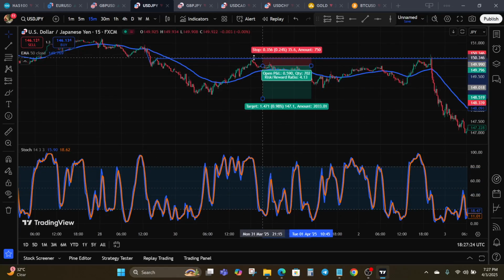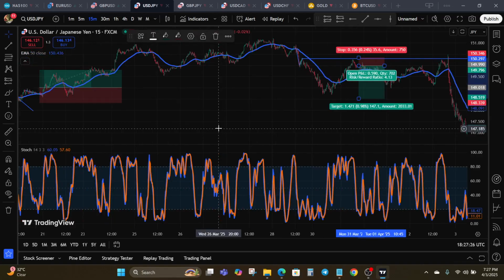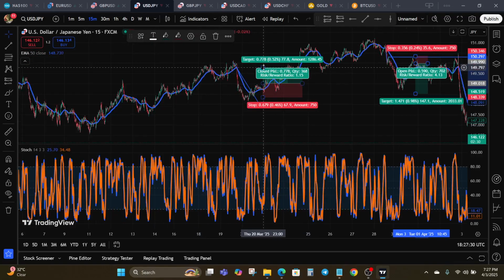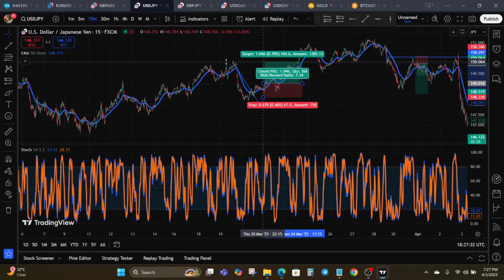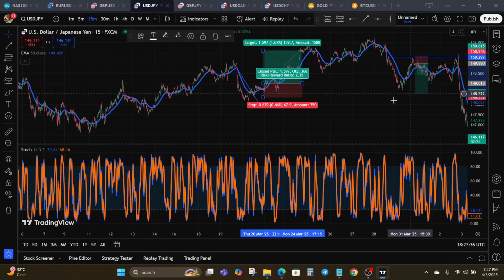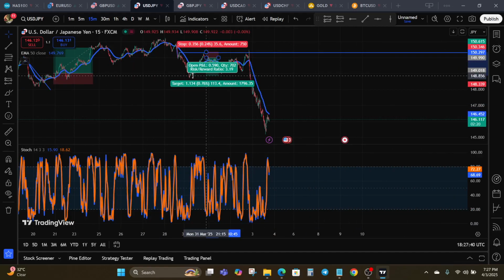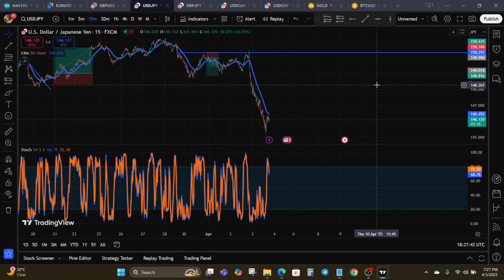All right, it's important. Then for your take profit, for a buy trade, you can use previous highs or resistance levels, right? For a sell, you can also use previous lows or support levels.